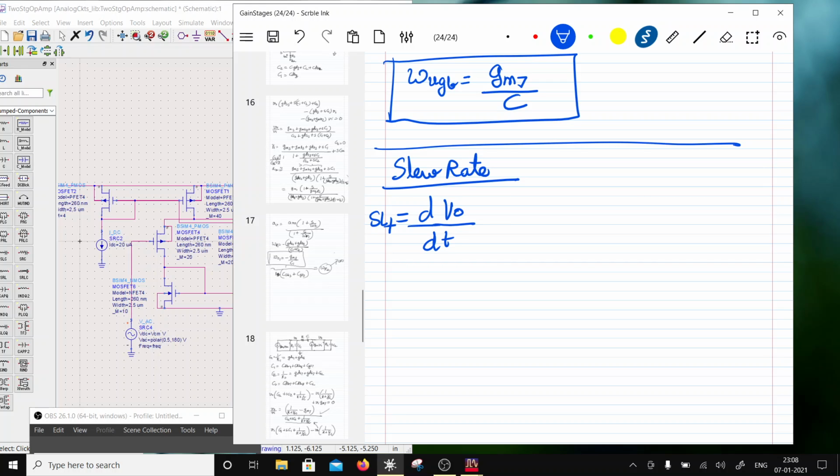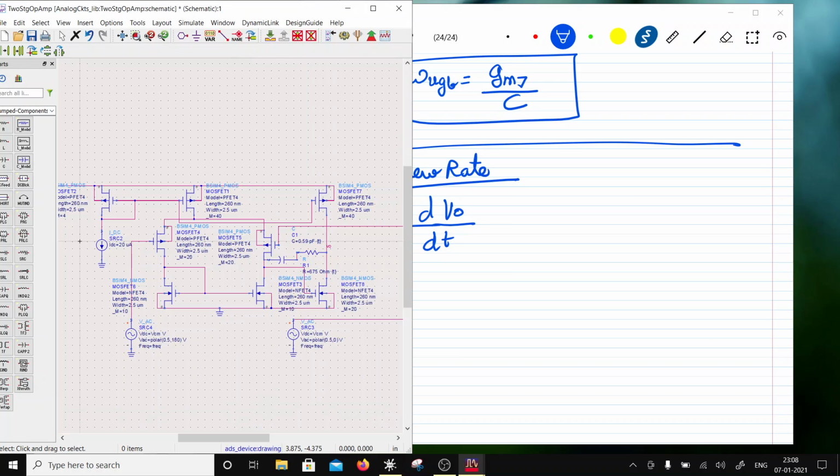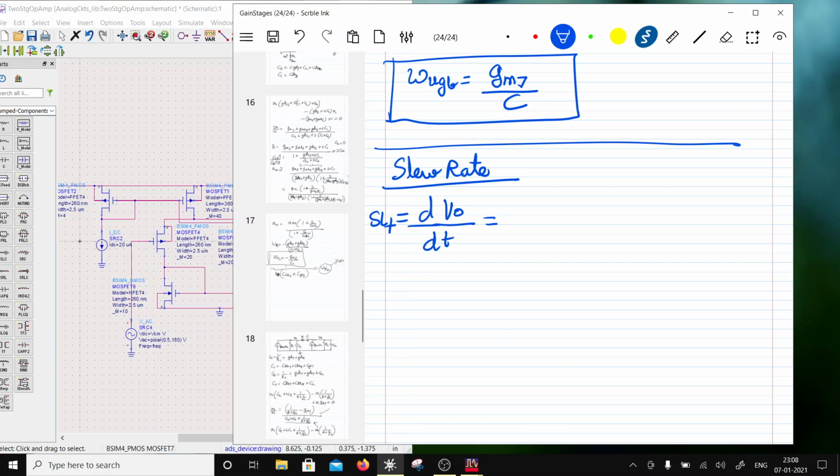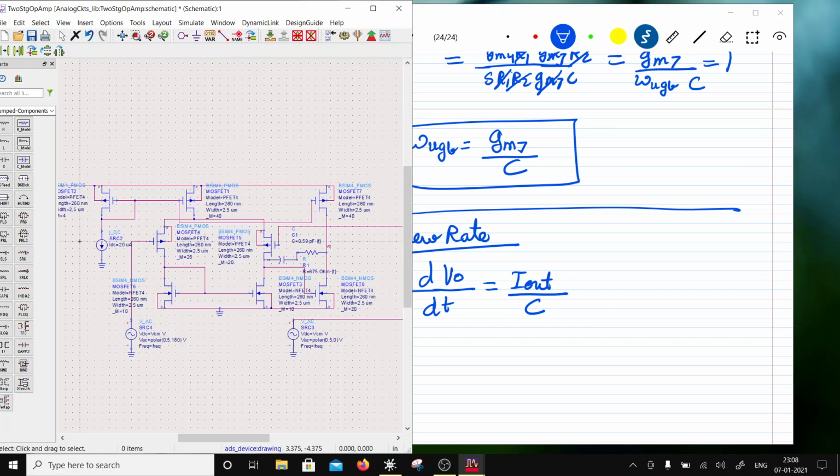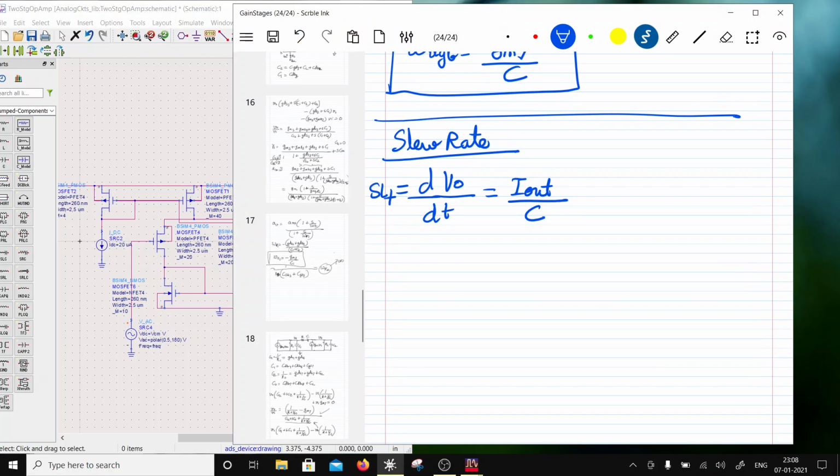The output node of an op-amp is pulled up by this current, the current which is here, I out. So that would be I out by C, because C is the only capacitor which is being charged here, right?